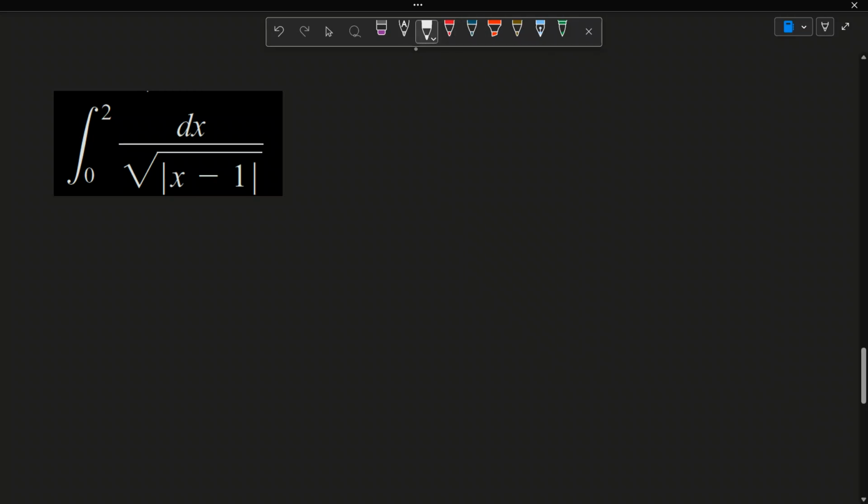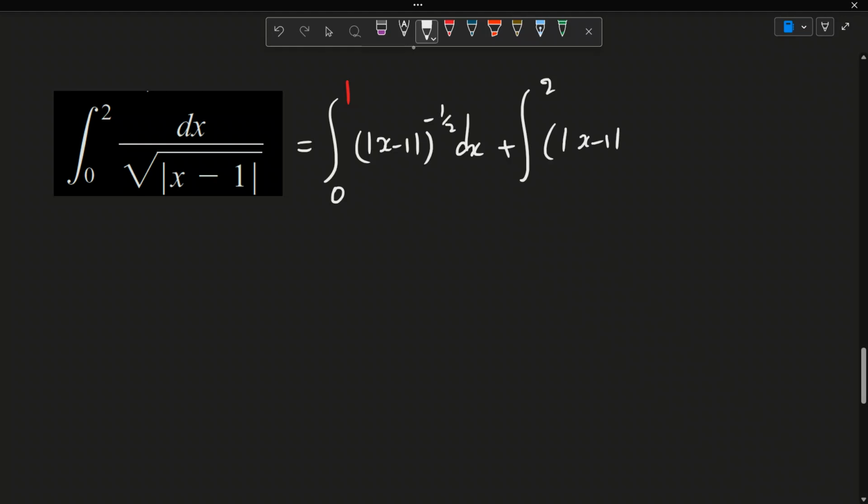Second type, improper integral, but the point that the function is discontinuous is between 0 and 2. So we need to write two integrals, from 0 to the point that the function is discontinuous, to 1. And I can write again this one as absolute value of x minus 1 to the minus 1/2 dx plus another integral from 1 to 2, the same absolute value of x minus 1 to the minus 1/2 dx.